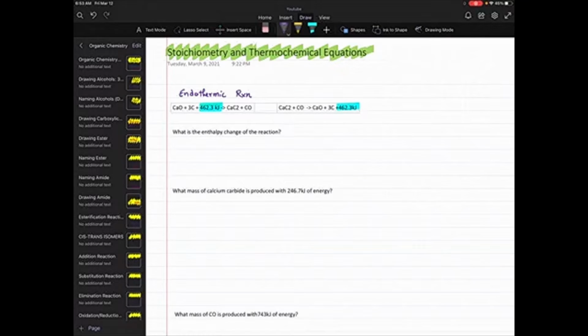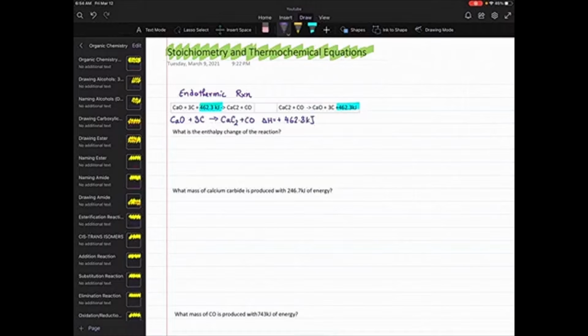If we wanted to write this equation with energy as a separate component, the equation would be written as CaO plus 3C forming CaC2 plus CO with a delta H. Delta H is the energy of the system, and in this case, because the energy is being absorbed, it is going to be positive 462.3 kilojoules.